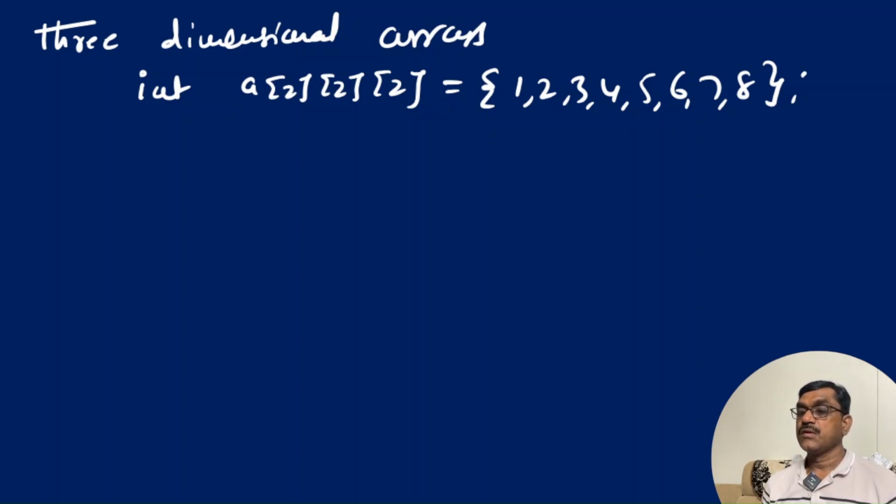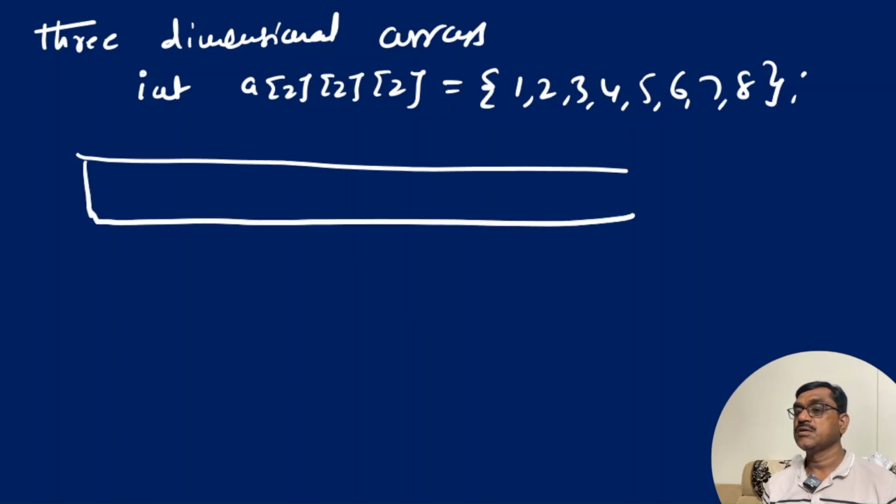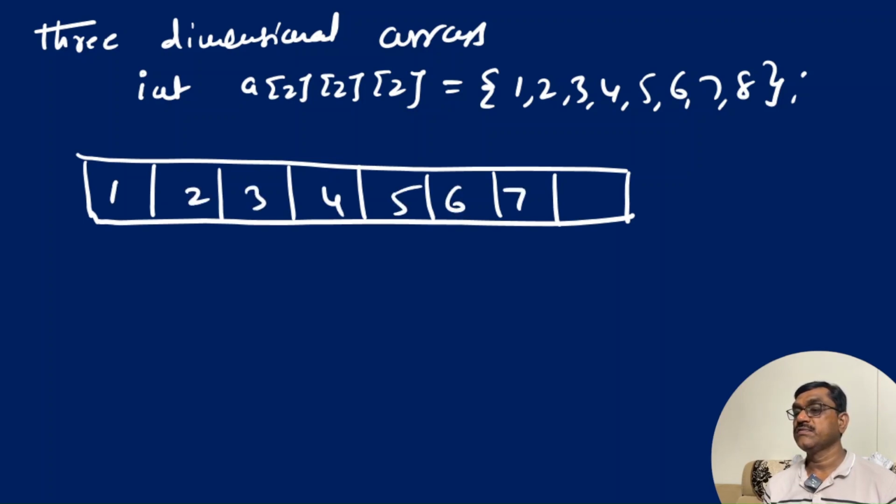Now, take the array representation like this: 1, 2, 3, 4, 5, 6, 7, 8. Now, you do one thing. A three-dimensional array is nothing but the collection of two-dimensional arrays.